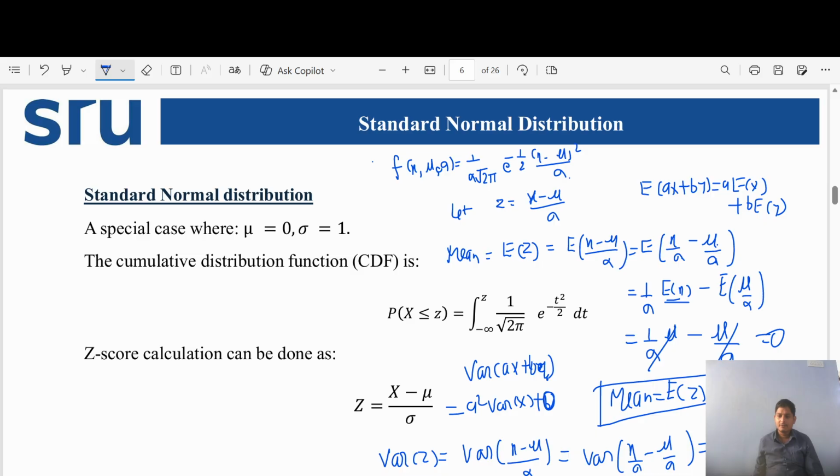This is a constant, so this is 0. So 1 upon sigma outside becomes sigma square, because this is a constant, times variance of x. What is variance of x? It is sigma square. So 1 upon sigma square times sigma square cancels out. So variance of z is 1.